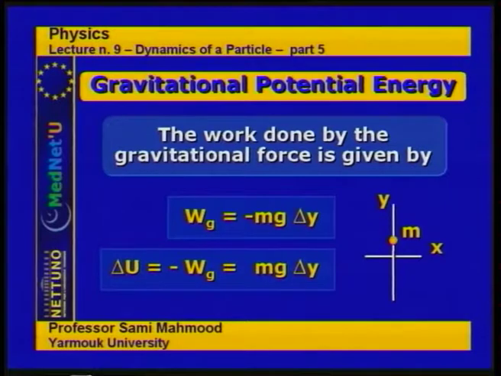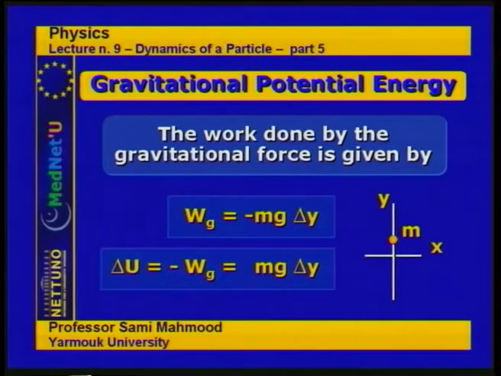We use, in this sense, the definition delta U is equal to the negative of the work, in which case we arrive at the formula that the difference in the potential energy of the system consisting of an object plus Earth is equal to minus Wg, the work done by gravity on the object, which is equal to m times g times delta y.